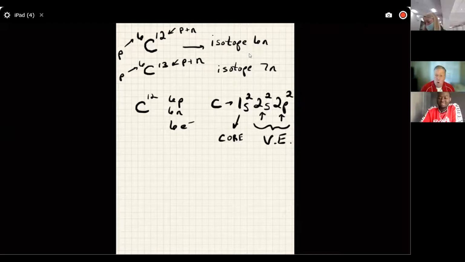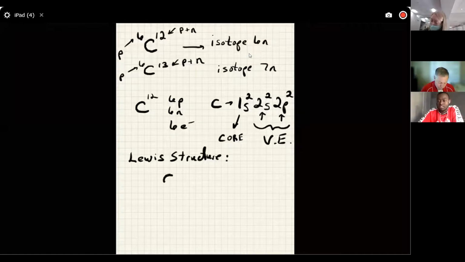So if we were to draw the Lewis structure, hopefully you remember that as well from your Gen Chem, the Lewis dot structure. So here's carbon. The way we draw the Lewis dot structure is we take the number of valence electrons. In this case, there's 4 of them, right?